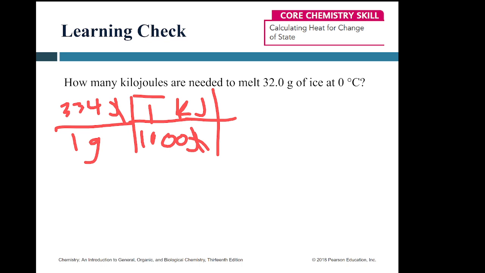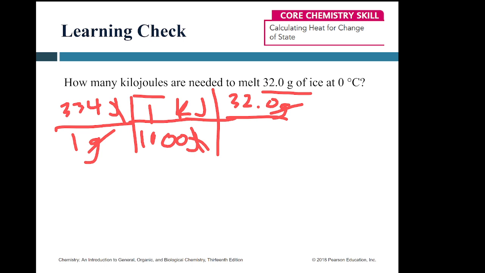Am I quite to my answer yet? No, I need to get rid of one more thing, don't I? Okay, what do I need to get rid of? Grams, right? And I have grams of ice right here, don't I? Yeah. So I just need to do 32.0 grams of ice on top. Those will cancel, and that'll leave me in kilojoules, won't it?